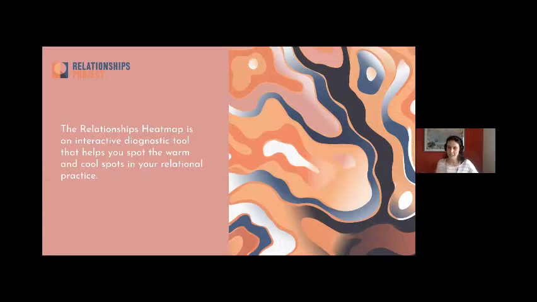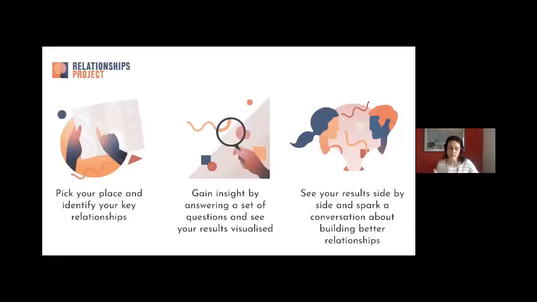Now, lots of jargon there, we're working on that, but hopefully I'm going to help unpick that for you a little bit now. So the heat map helps you to see which parts of your practice and your approach are conducive or supportive of good relationships, and to identify areas in which you could do more to nurture them.